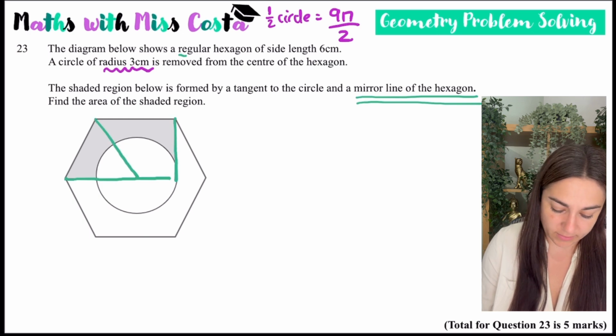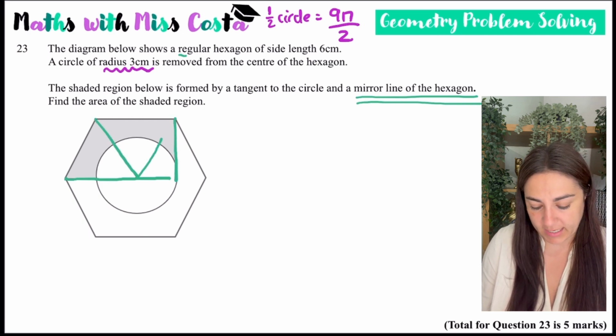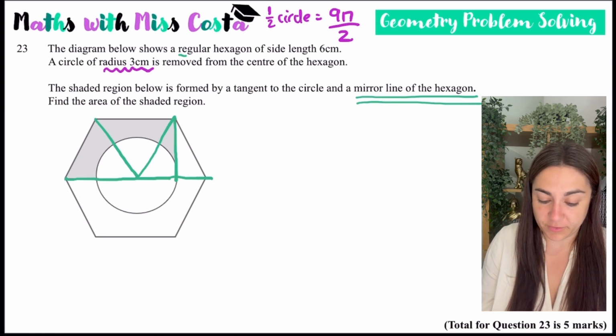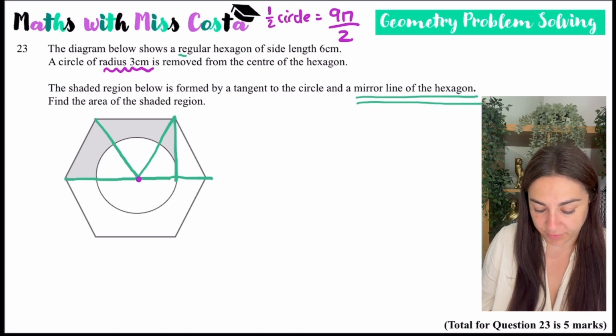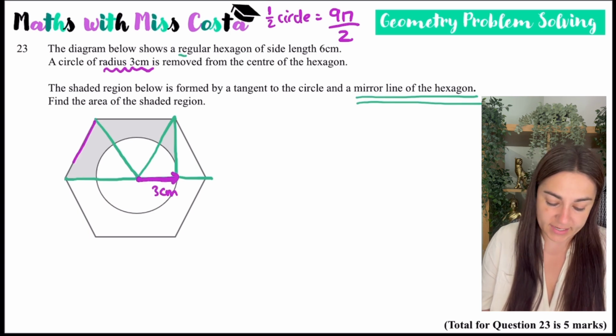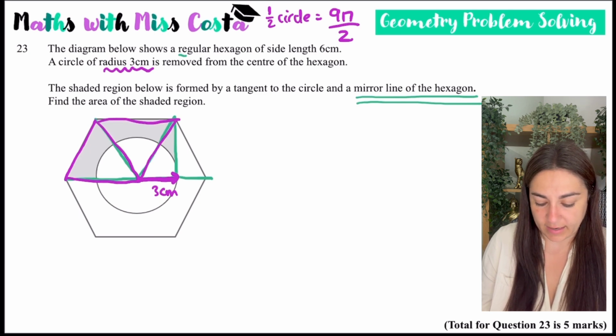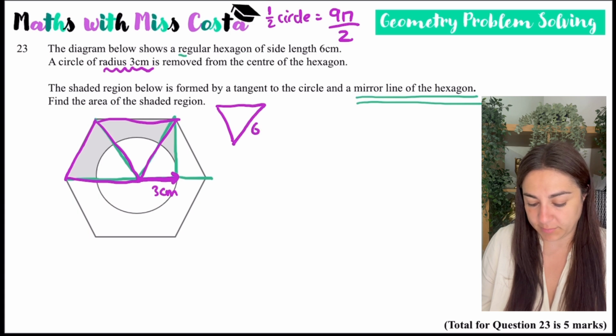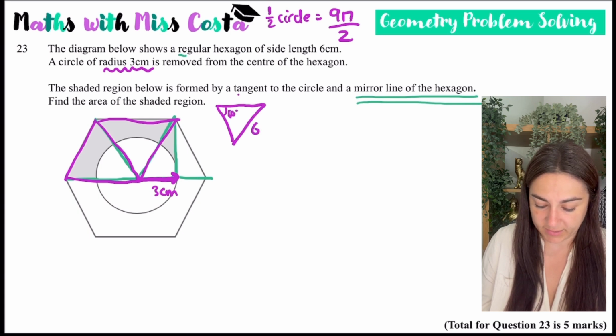I've already shown that I can split this up into 3 equilateral triangles. I've been told that the radius is 3 centimeters, which means this length here must be 3 centimeters. So these triangles I can deal with separately, and this triangle I'm going to deal with separately. I've got 2 types of triangles: 6 with 60 degrees, 6, 6, and obviously 60 degrees everywhere here.